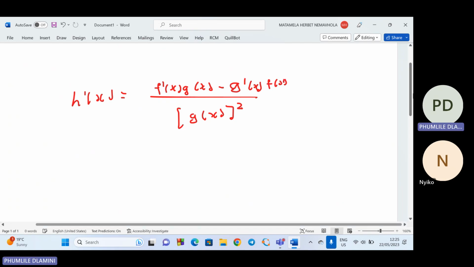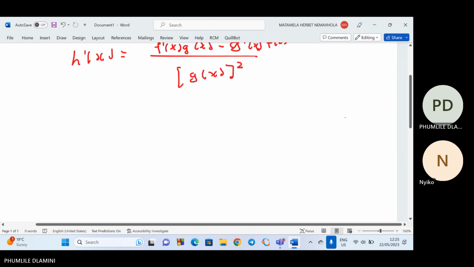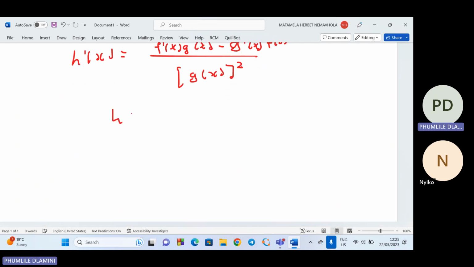Now this one is going to lead us to a function whereby h of x equals sine x divided by cos x. Remember, sine x divided by cos x equals tan x.